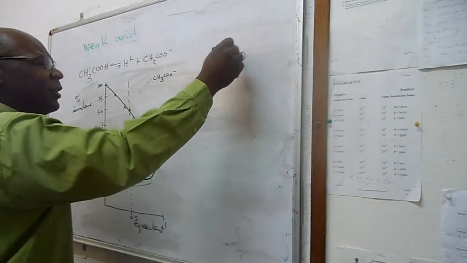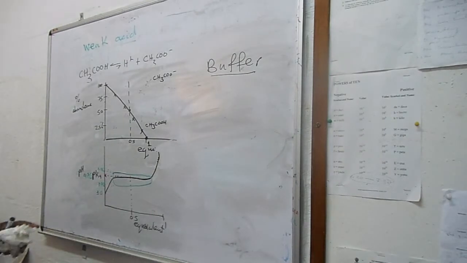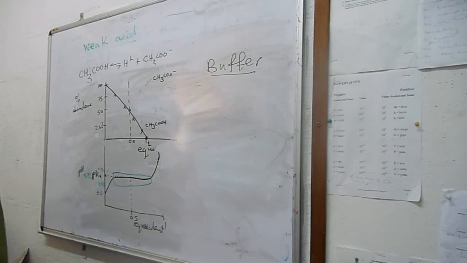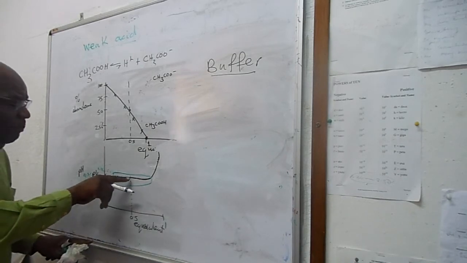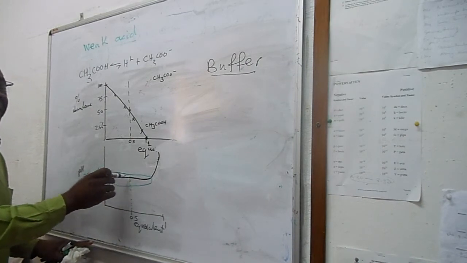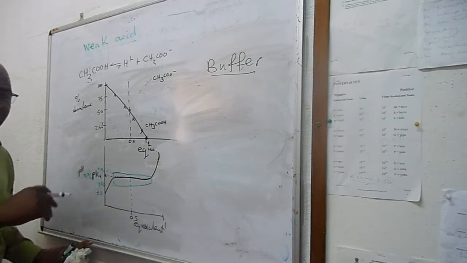Around this area there is no change in pH. Around what area? Around the pKa. At pKa, the amount of the acid and the amount of the base are the same. Therefore, they are able to neutralize incoming base or incoming acid.